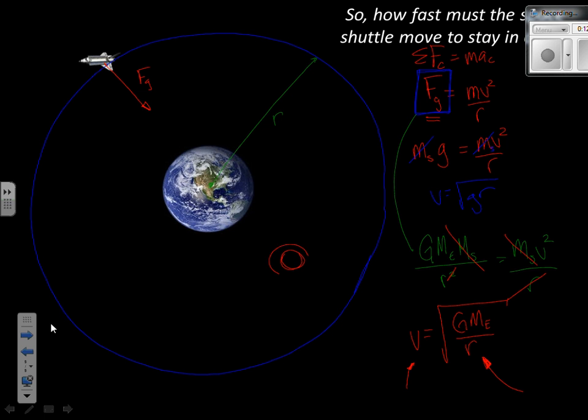Here's Mercury, Venus, Earth, Mars, Jupiter, Saturn. The farther away those planets are from the sun, the longer their orbital periods, the longer their years. And here's why.